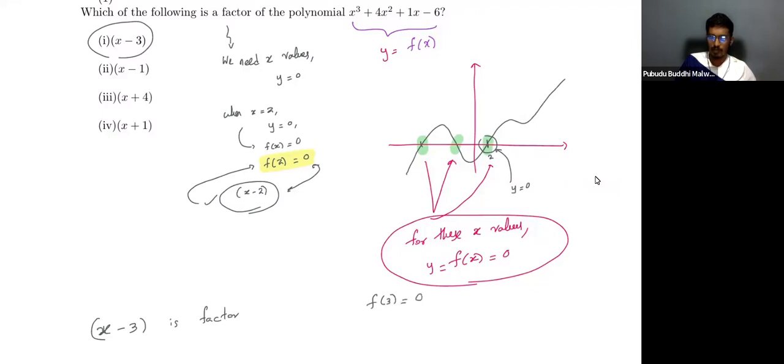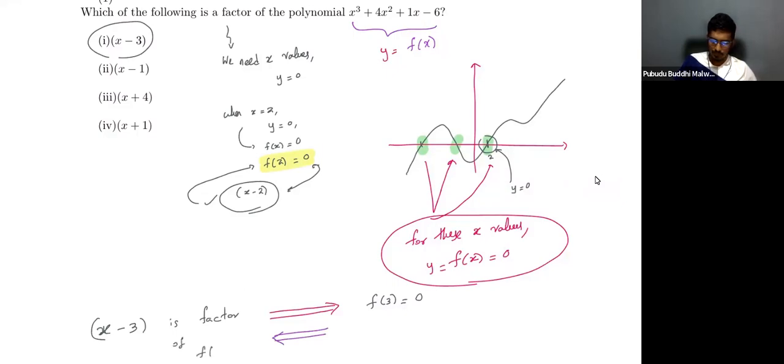Those are the two statements. Using the factor theorem, we connect these two. If x minus 3 is a factor, f of 3 equals 0. And also the other direction. If f of 3 equals 0, x minus 3 is a factor of f of x.